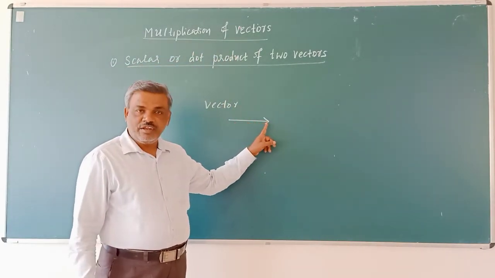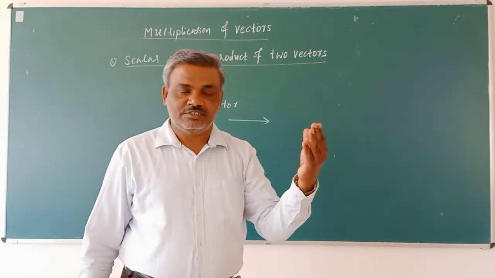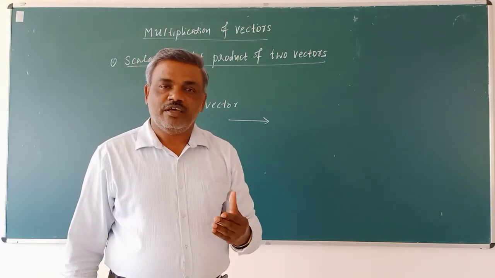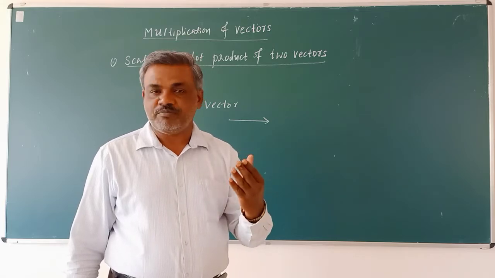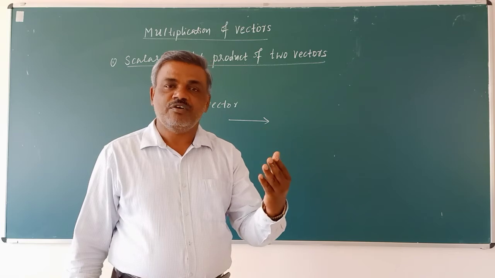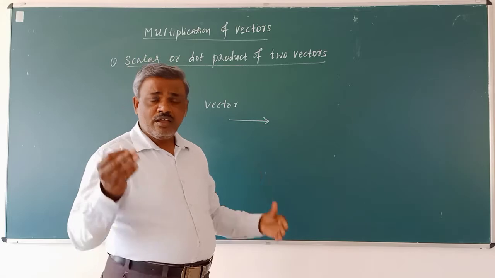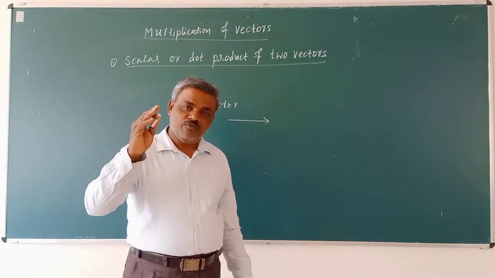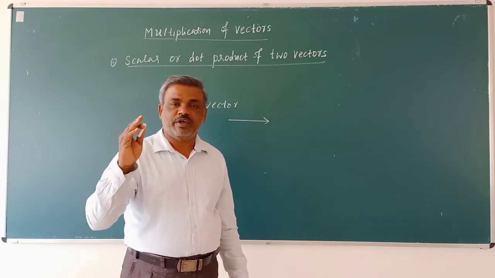The arrowhead indicates direction. There are also different types of vectors: null vector, unit vector, equal vector, like vector, negative vector. For your examination point, a vector whose magnitude is 0 is called a null vector or zero vector. And a vector whose magnitude is exactly 1 is called a unit vector.